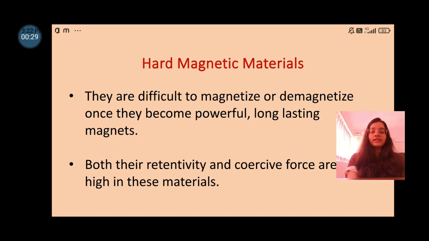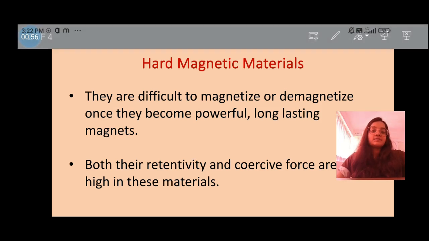So, what exactly is retentivity? It's the magnetic flux density remaining in the material when the applied field is made zero. And coercive force is the value of applied field required to make the magnetic induction within the material zero. So, retentivity and coercive force are both high in hard magnetic materials as compared to soft.